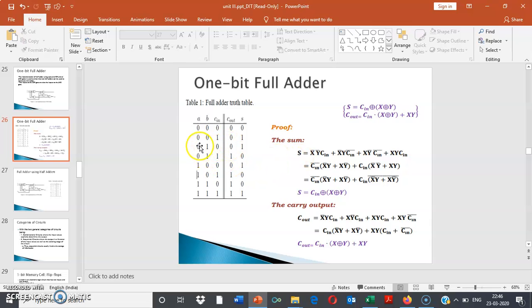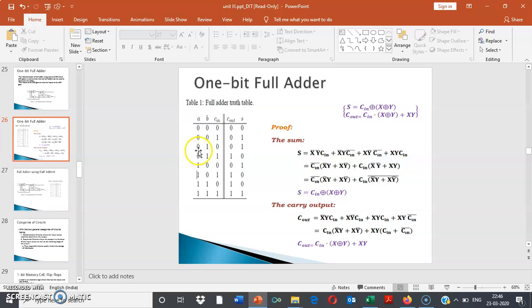So here you have A bar, B bar, C input. Please consider A as X, B as Y. So you have X bar, Y bar, C input. If you check here, X bar, Y bar, C input. Next you have 1 here.